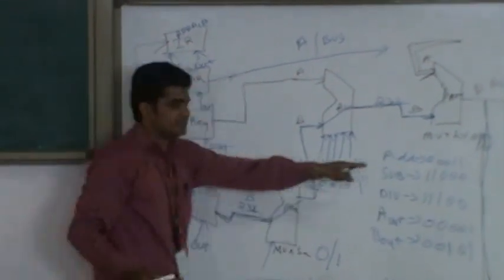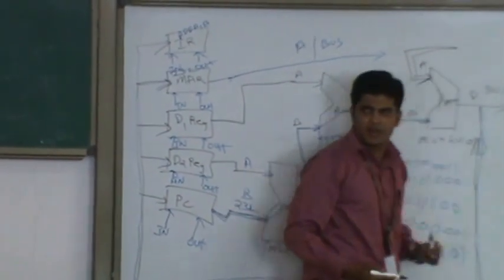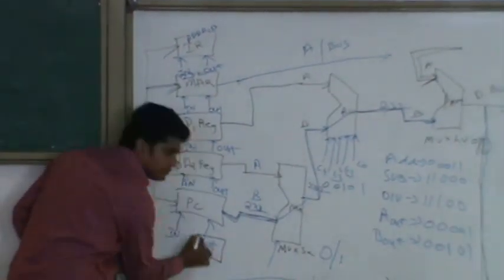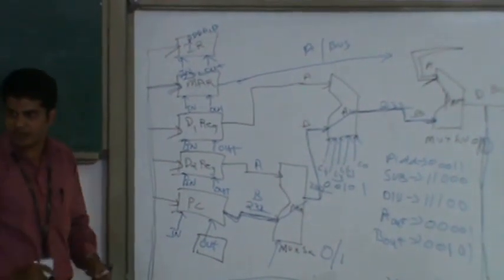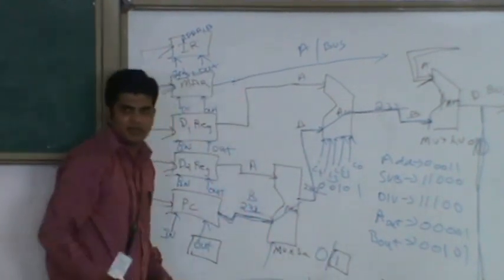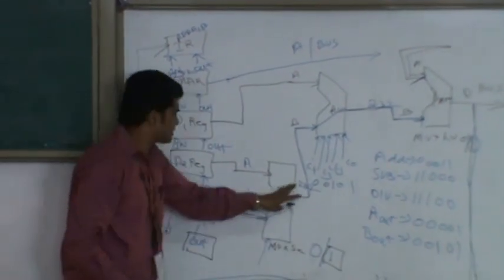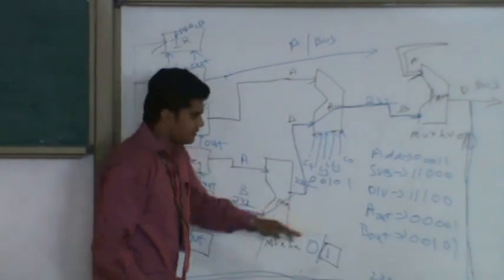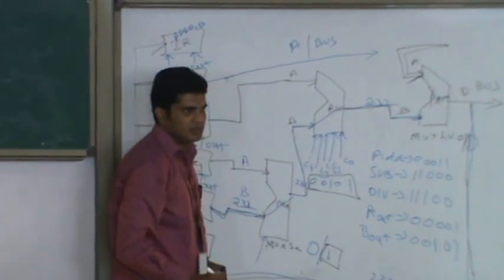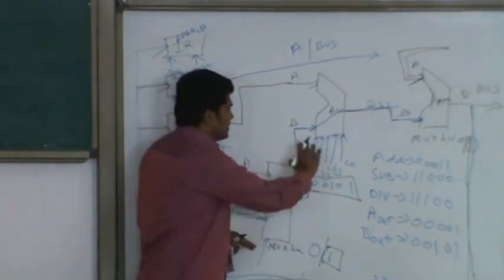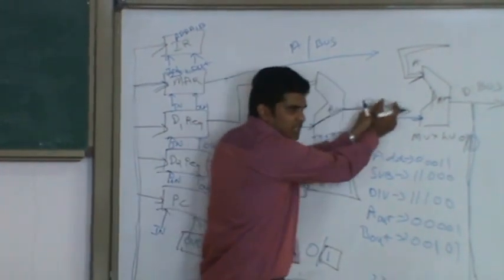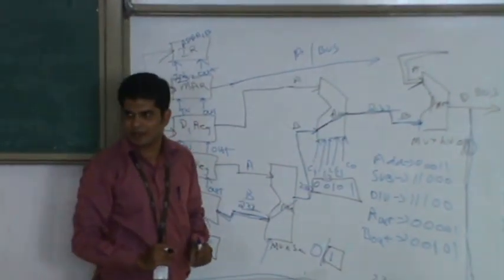So for the time T1, PC to MAR, what are the things that are going to be highlighted? PC out, the data is going out of the PC. Then the multiplexer is selecting the value 1, so that the contents of the PC are transferred to the other line. And then this particular code should be generated so that it uniquely identifies the line from B, and whatever data is there has to be just transferred to the output line.